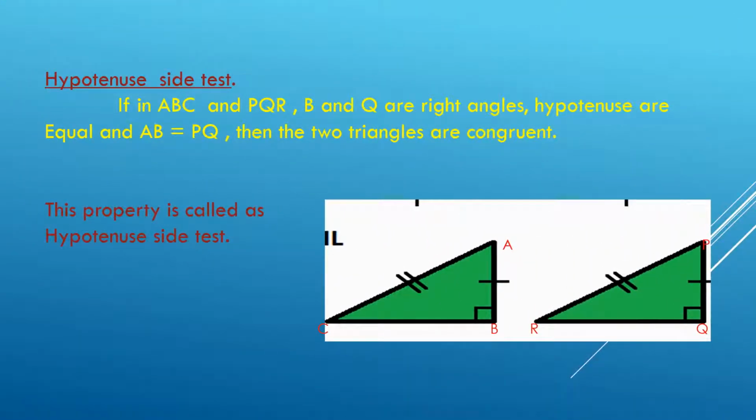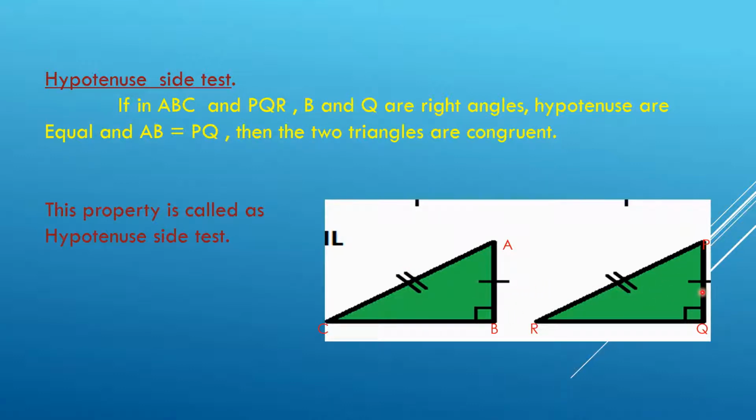Next one is hypotenuse side test. If in triangle ABC and triangle PQR, B and Q are right angles, hypotenuses are equal and AB equals PQ, then the two triangles are congruent. In this figure, here B and Q are right angles, and hypotenuse AC and hypotenuse PR are also equal, and the side AB and side PQ are also equal.